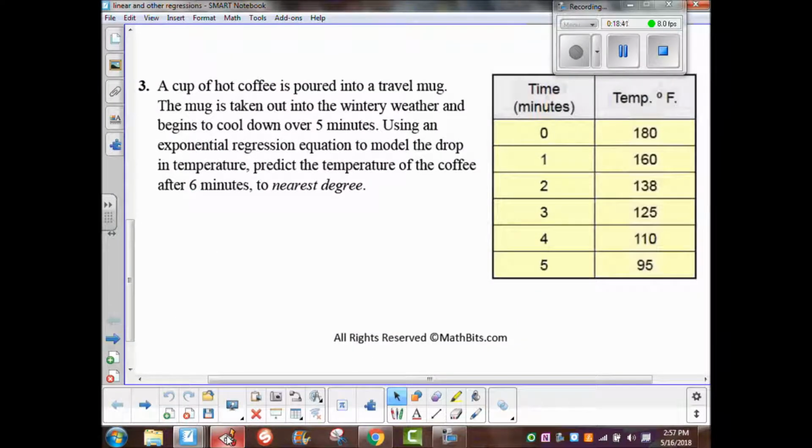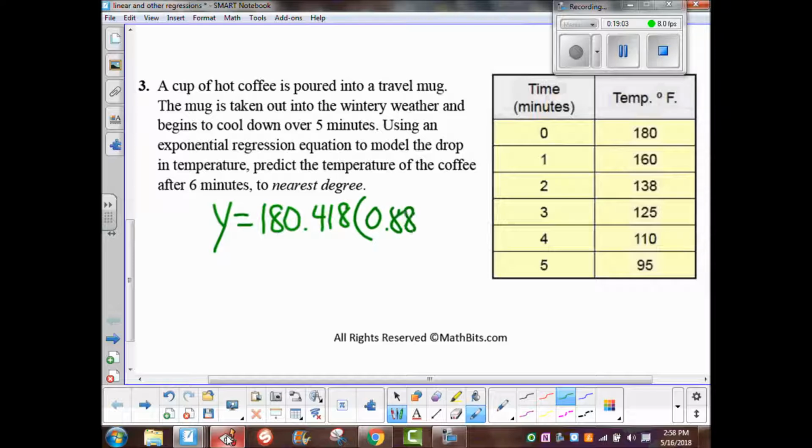Somebody's going to have to read that to me because I don't have that on my answer sheet. So it's y equals what? No parentheses, okay. 0.8811, with the x, right? Okay.